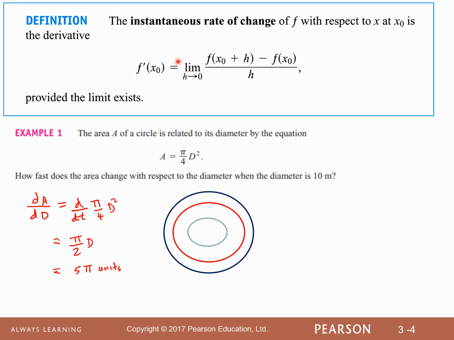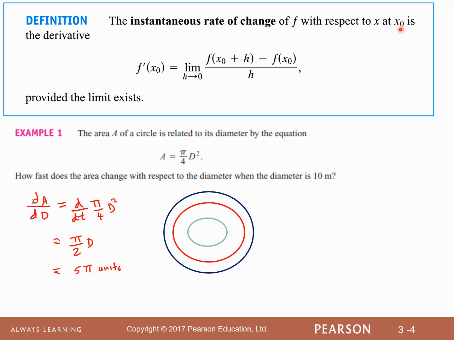Now we're not looking at f of x, we're looking at f prime of x, f prime of a specific value x0. So we're looking at this specific value. Why? Because we're looking at the instantaneous rate of change of f with respect to x at x0 as a specific time.